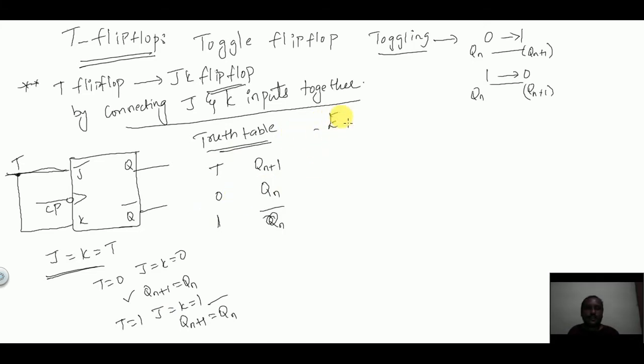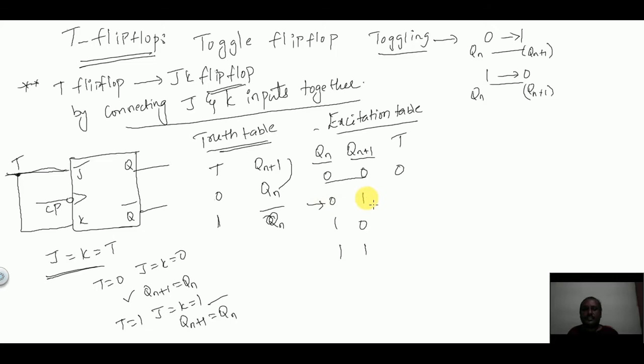Once you obtain the truth table, we can obtain the excitation table. So excitation table: Qn, Qn plus 1, T. We'll have 4 combinations: 0 0, 0 1, 1 0 and 1 1. Now see the first combination: Qn plus 1 is equal to Qn. When Qn plus 1 is equal to Qn, what is the value of T? 0. In the second case, Qn plus 1 is equal to Qn bar, so T is 1.